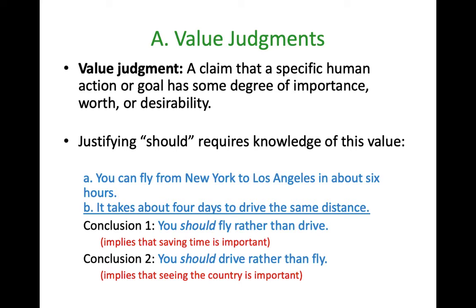You should fly rather than drive. This one implies that saving time is important, so what you're valuing here is the time spent traveling. Time spent traveling is time you would not be able to spend on other things important to you. Another conclusion you can derive from this argument is something like the following. You should drive rather than fly. Here, what someone's implying is that seeing the country is important, where time is not so much important as experiencing the countryside as you drive by.